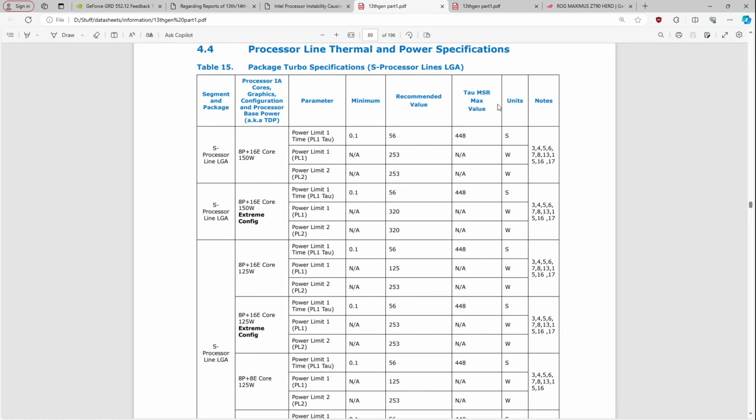The PPT is always 230 watts, and I can't remember what the EDC is set to, but I think the main current limit for the 7950X is always set to 170 amps. The power limit is always 230 on every single motherboard, because AMD actually specifies power limits. Intel recommends them.